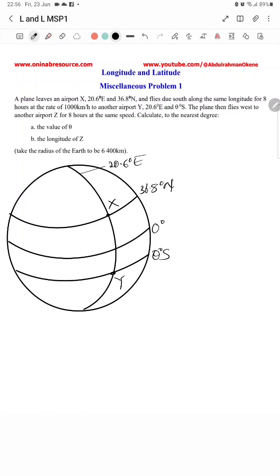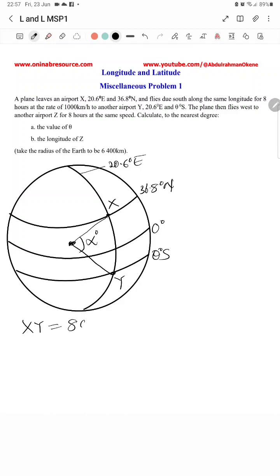If you take this as the center of Earth, you can see that we have an arc of a circle. We call the angular difference alpha degrees.